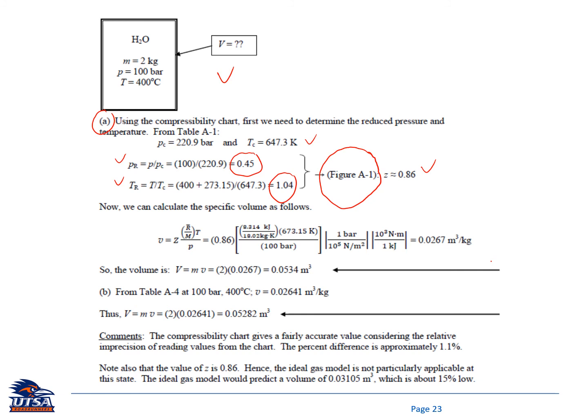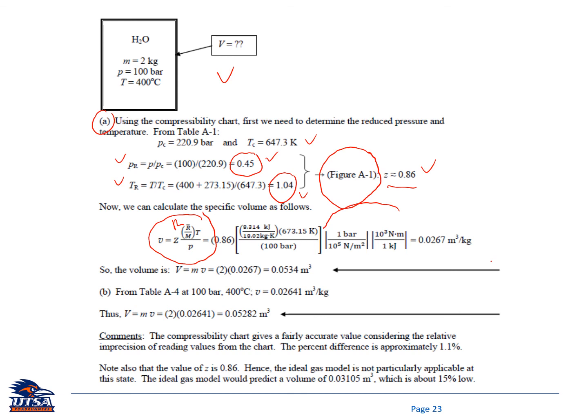So how do we get Z? Based on the calculated PR and TR. Once you have Z, you can calculate the specific volume using this formula. Specific volume equal to Z times R-bar divided by molecular weight, which is actually R. So v equal to Z times R times T divided by P. You plug in all the numbers.